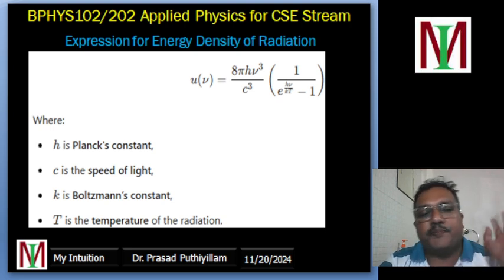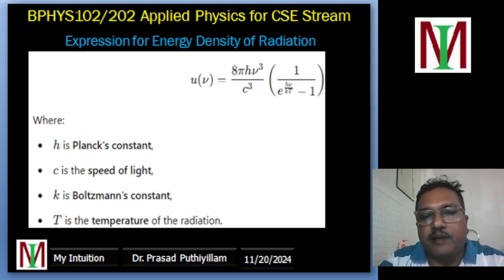So this formula describes the black body radiation, which is the spectrum of radiation emitted by an idealized object which absorbs all incident radiation, called a black body. The energy density is proportional to the temperature to the fourth power. That is actually Stefan-Boltzmann's law, and the energy density is proportional to the frequency of radiation.